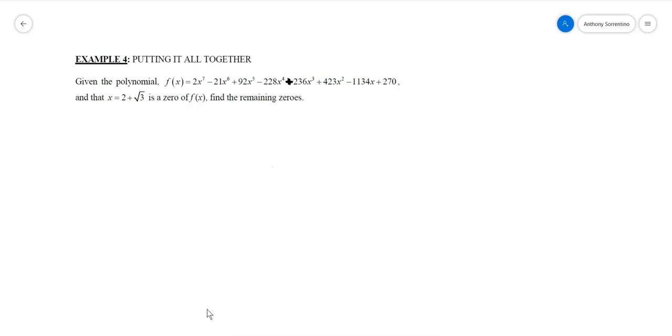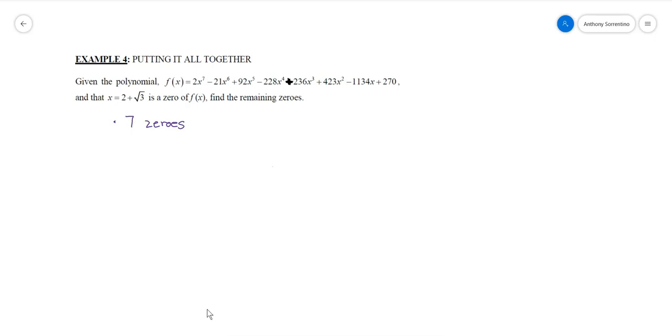So a couple things I know about this function based off of the rules we've established so far, and I'm going to list them right here. First, based on the degree of the polynomial, I expect to see 7 zeros. Now, I don't know if those zeros are going to be all real, rational, or irrational.